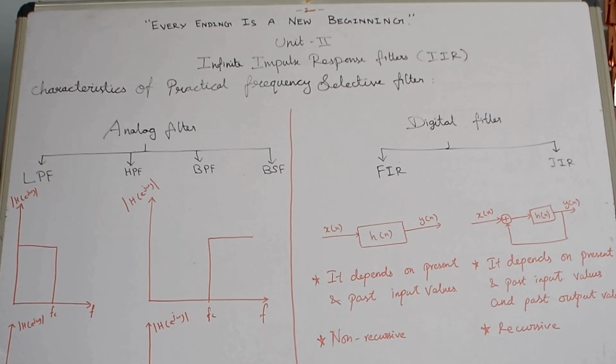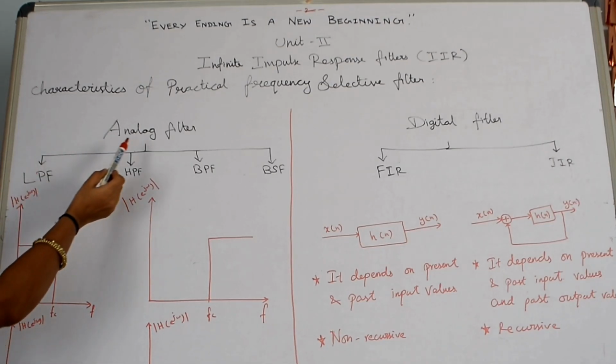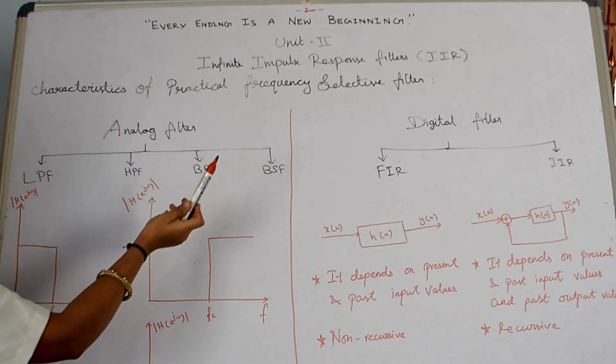First we will start with the characteristics of practical frequency filter. Here, what is a frequency selective filter? It is a device which is used to pass some signals within a particular frequency range while rejecting the undesired frequency level. So it is categorized into two types, analog filters and digital filters.